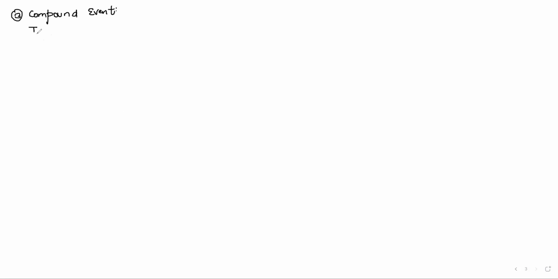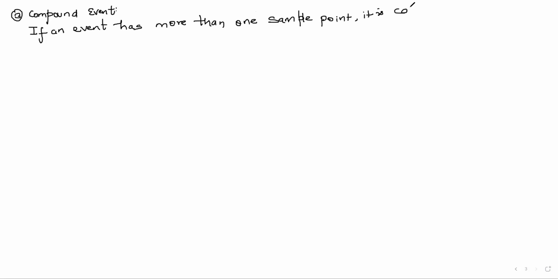If an event has more than one outcome, more than one sample point, it is called a compound event. So what is a compound event? It has more than one outcome.